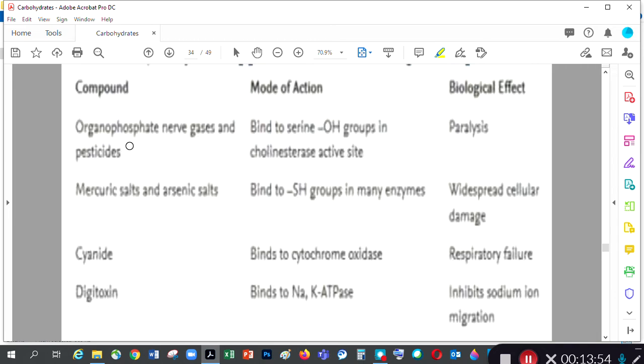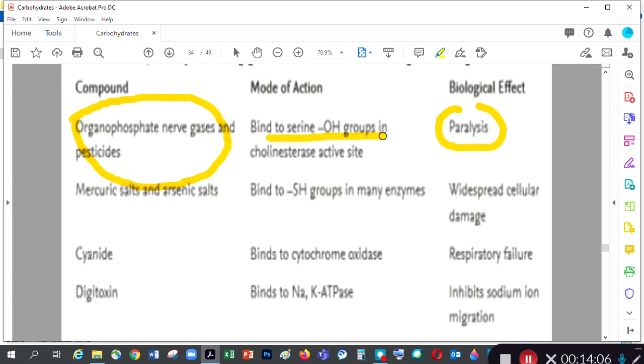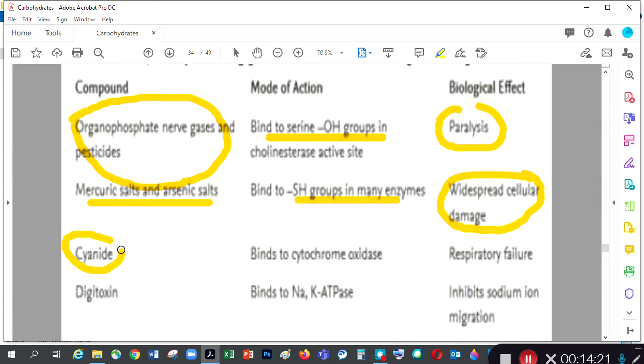Here's another compound, the organophosphate nerve gas. Okay, they can cause paralysis. They bind to the serine OH group. The mercuric salt and arsenic salt bind to the thiol groups, as we said. They can cause widespread cellular damage. Cyanide can bind to cytochrome oxidase and can cause suffocation and death.